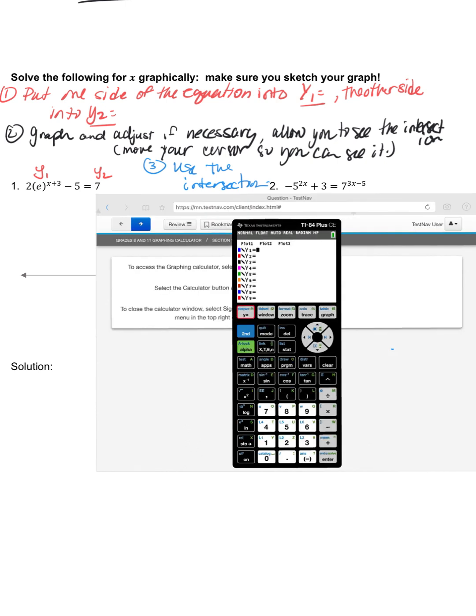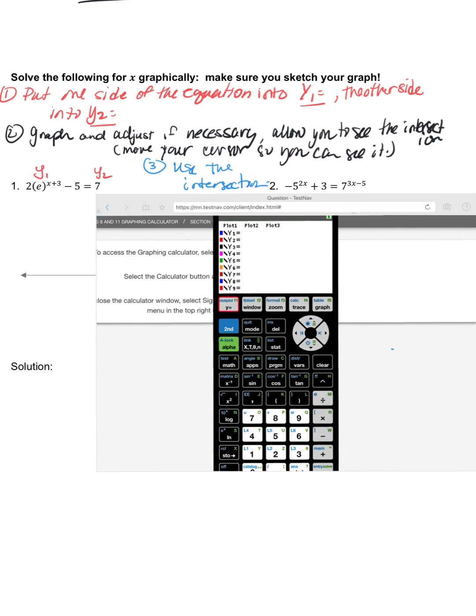On y1 I'm going to enter 2, then second natural log, and there's the e to the x. Then you can put the x plus 3, go down, minus 5, hit enter. And then you're going to put 7 in the other one, and hit enter.